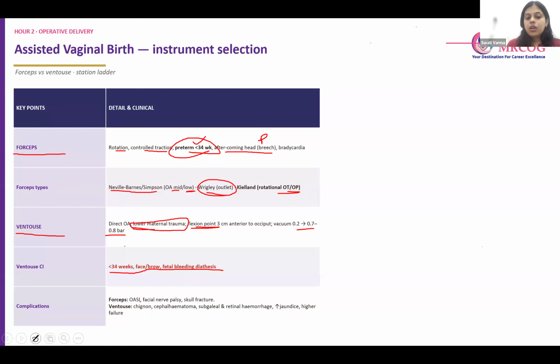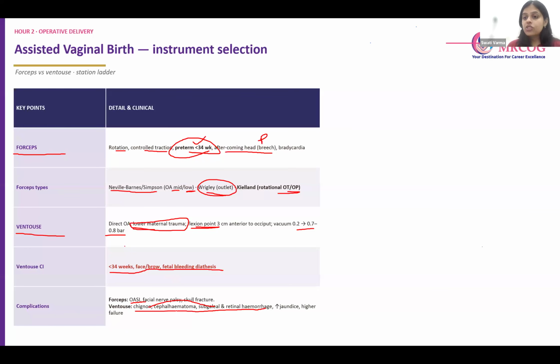Complications. For forceps, as we discussed, maternal perineal trauma is more, so OASIS is more common with forceps. Facial nerve palsy and skull fracture are both more common complications associated with forceps. Whereas with ventouse, you will see hemorrhage, that is cephalhematoma, subgaleal and retinal hemorrhage, chignon. Of course, they subside with time.